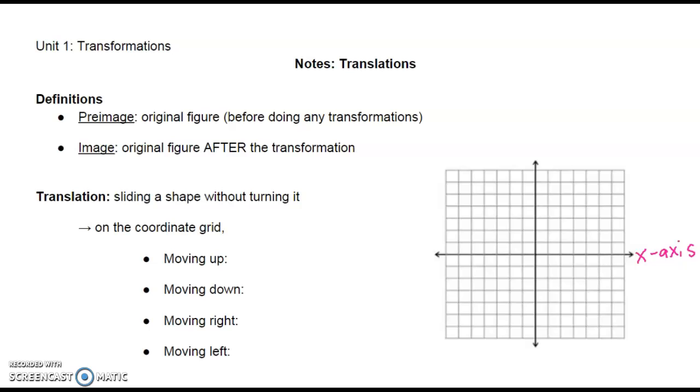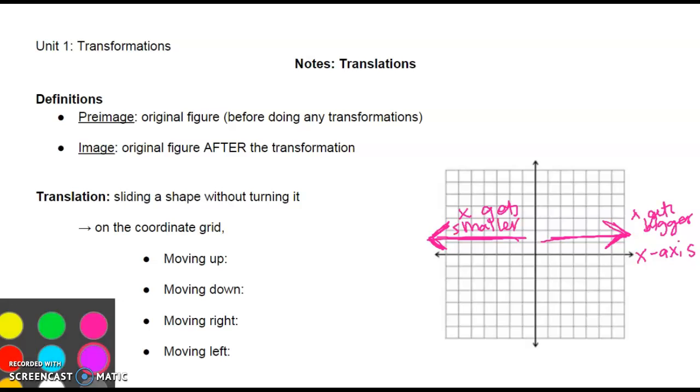Okay, so if I move to the right, my x value is going to be getting bigger, right? So x gets bigger. If I move to the left, these are my negative x values, so my x value gets smaller.